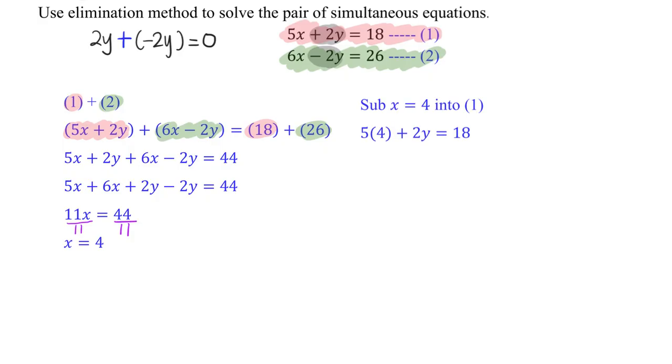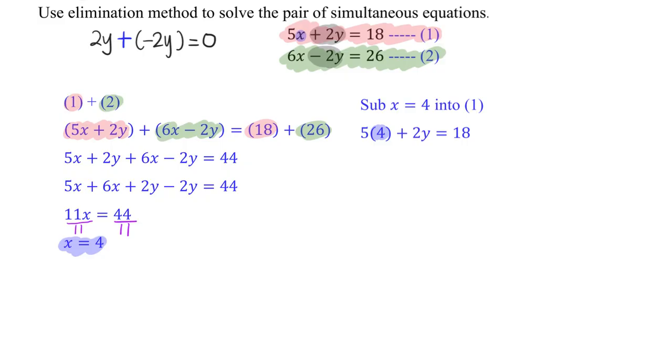So you can see that now that I know the answer is x equals 4, the x in equation 1 I no longer write as x. I substitute it with 4.